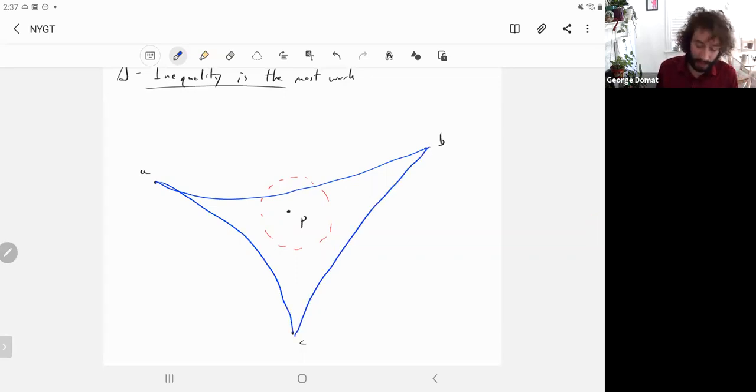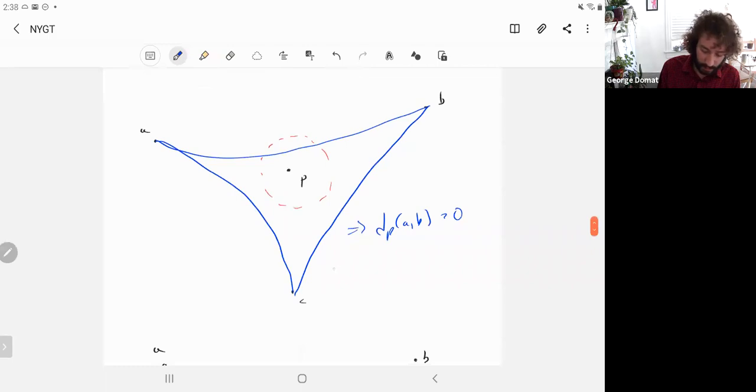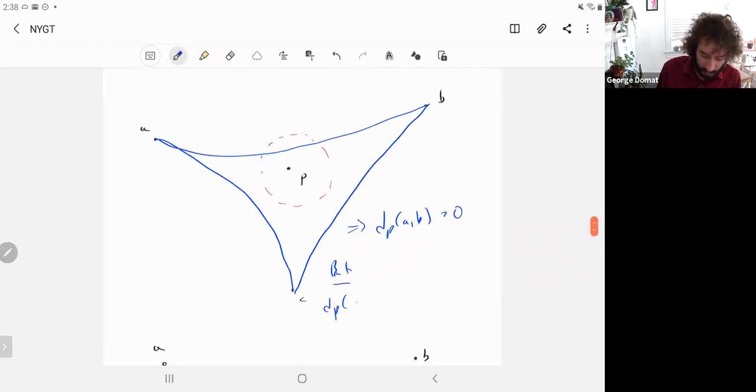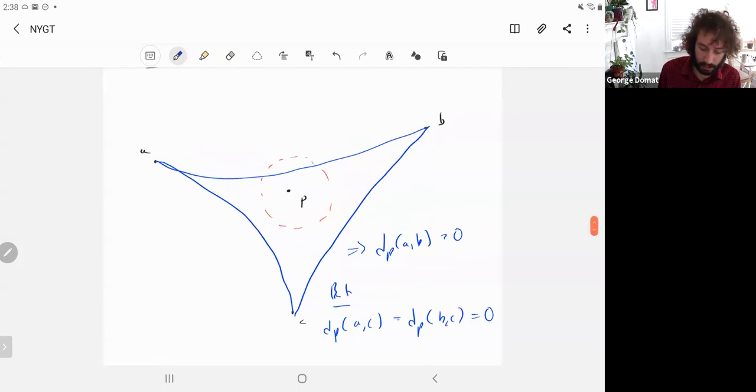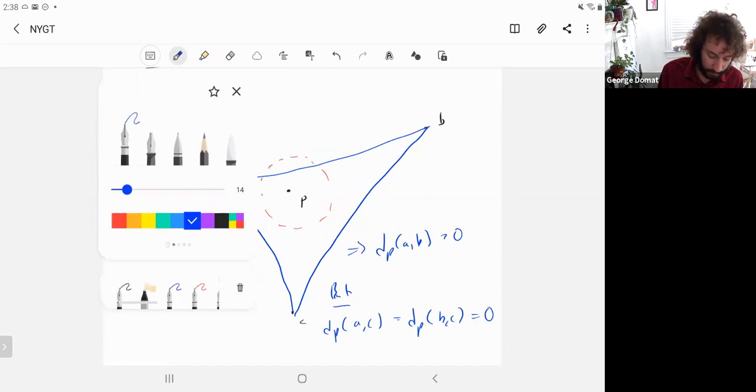Well, this is bad because here, if we look at d_P of A, B, this is bigger than 0. But if we swap now to d_P of A, C, this is going to be the same as d_P of B, C, and they're all going to be 0. So the triangle inequality immediately fails with the way I have it defined.